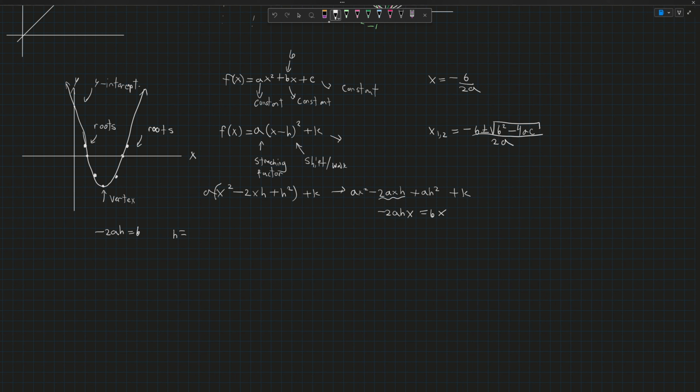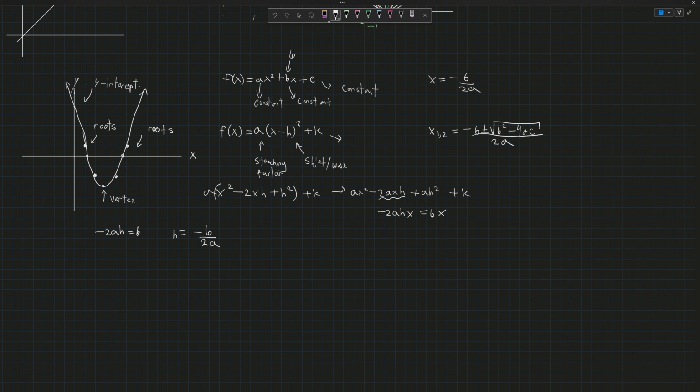And bada bing, bada boom. Oh, excuse me, see, all the basic math here. We get this thing right here, and look, that's exactly the same thing. And what this tells us is that this should be a b, not an h. This right here is the center of the parabola, or at least it tells us where it's located, its h value or x value. Because if we find this x value and we plug it back in here, these two are going to be equal, and it's going to cancel out, and it's only going to leave us with the k factor.